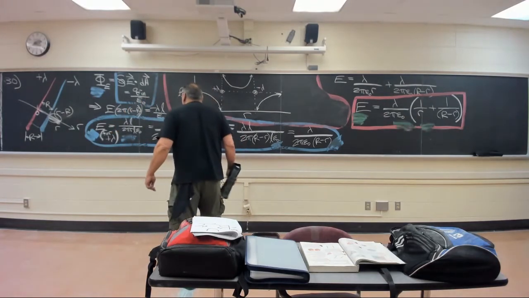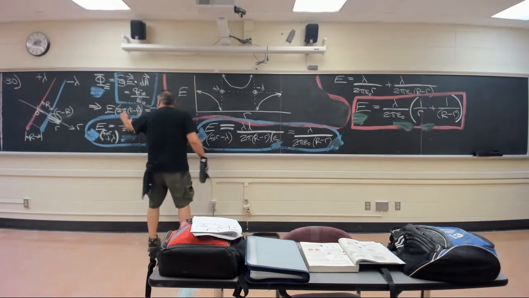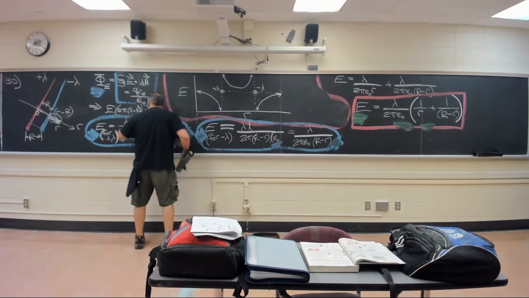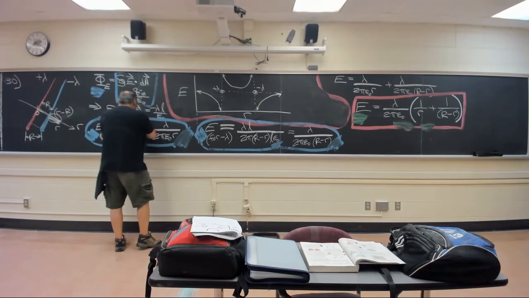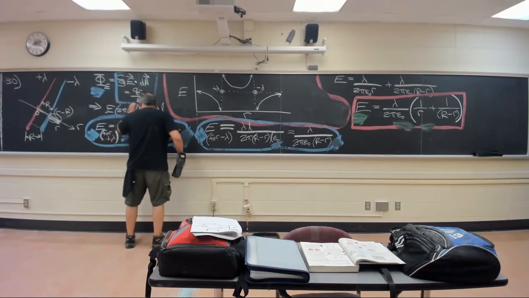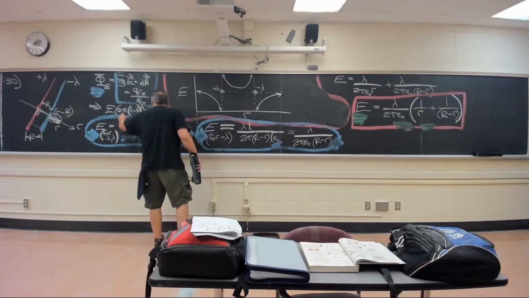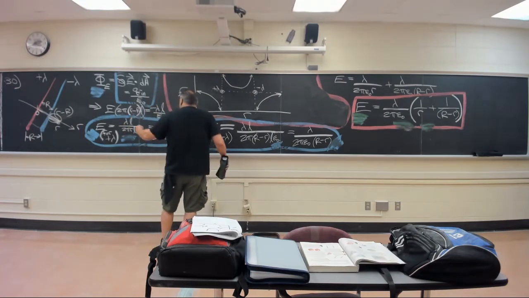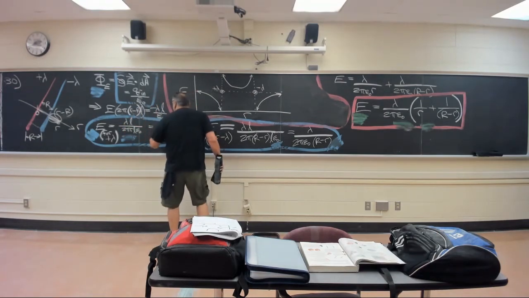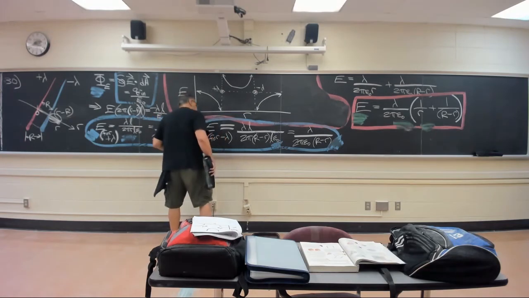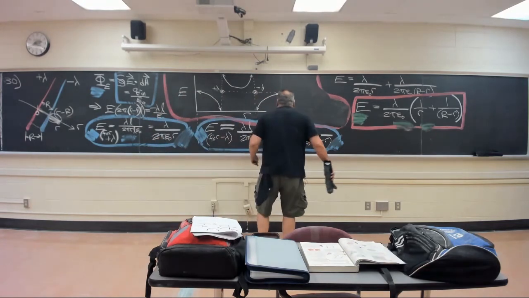Now what happens? Why don't you divide by 2 pi? Oh, there's an L too. There's also an L. Divide by 2 pi times the quantity small r minus big R times L. Divide on each side by that, and you end up getting where to go here, guys.